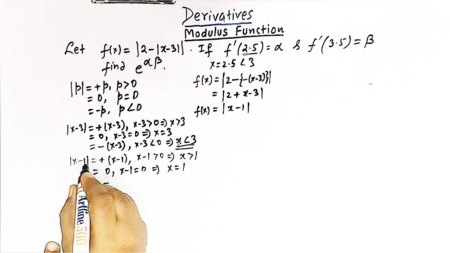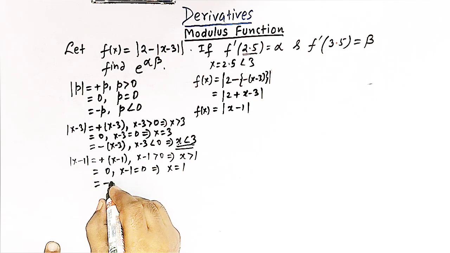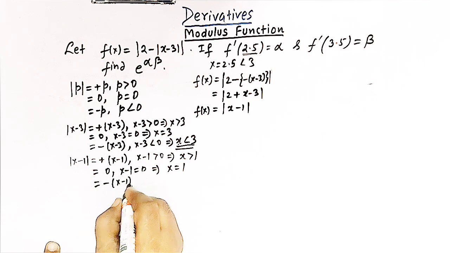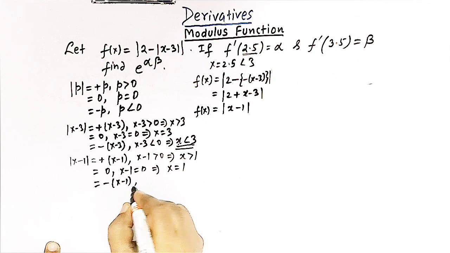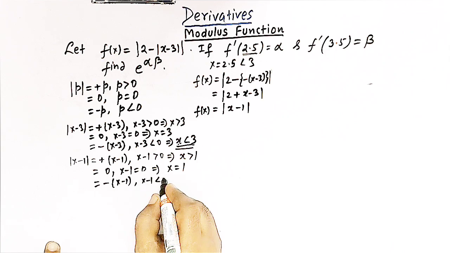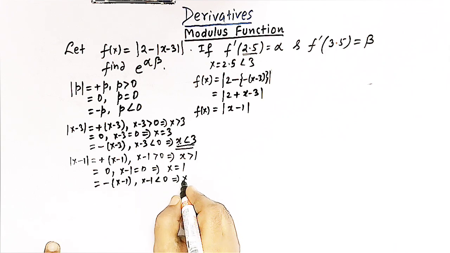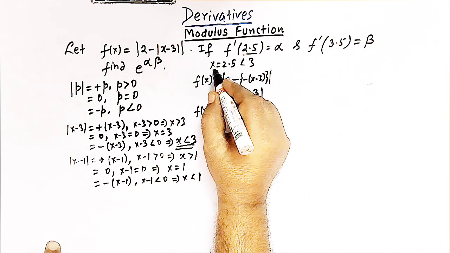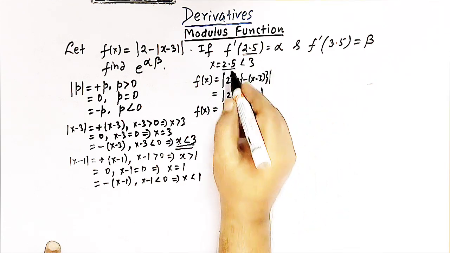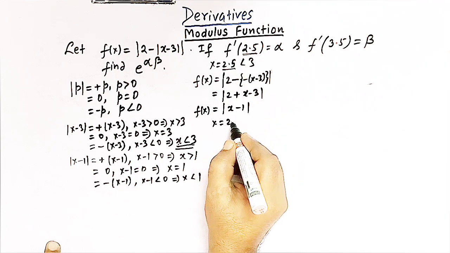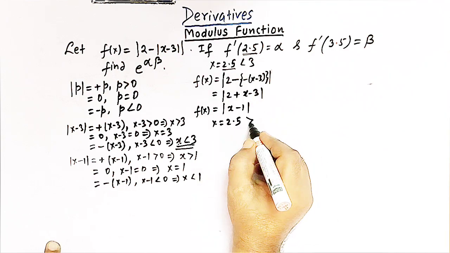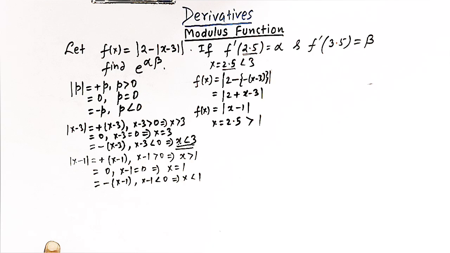And here mod of x minus 1 is negative of x minus 1 whenever x minus 1 is less than 0, and it implies x is less than 1, right? Now see, here we have x is equal to 2.5, and 2.5 is greater than 1, right?